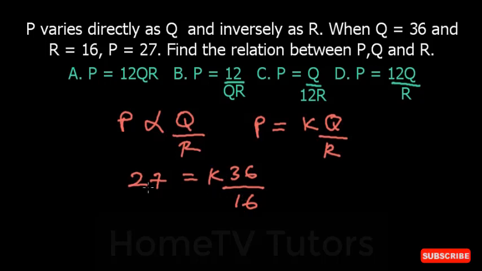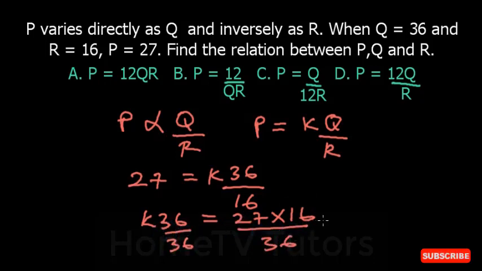Okay, so we can cross multiply, which will now give us K times 36 equals 27 times 16, then divide by 36. We can do the dividing. 4 in 16 we have 4, 4 in 36 we have 9, 9 in 27 we have 3, so 3 times 4, that's 12.